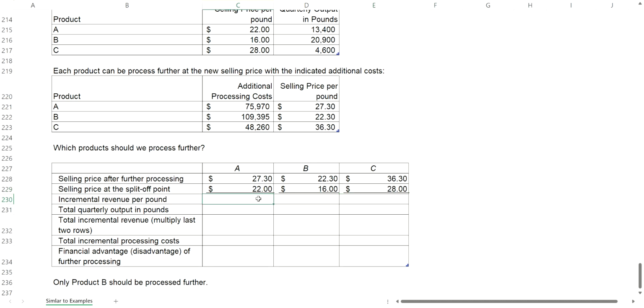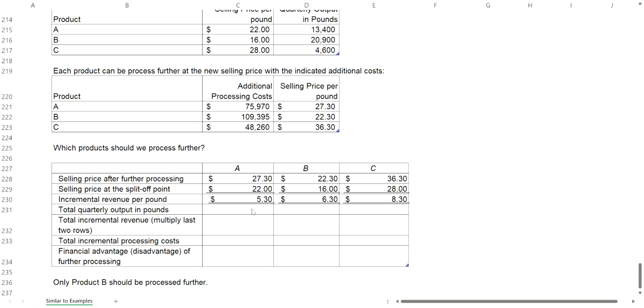Now I'm going to take the difference between processing it further and not processing it further. So $27.30 minus 22 gives me $5.30. $22.30 minus $16 gives me $6.30. And $36.30 minus 28 gives me additional $8.30 if it's processed further.